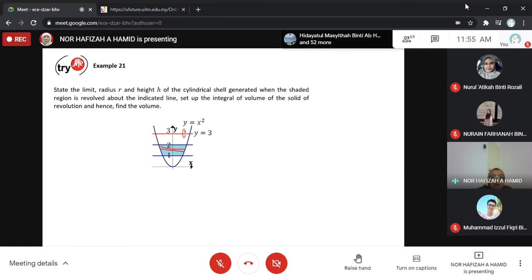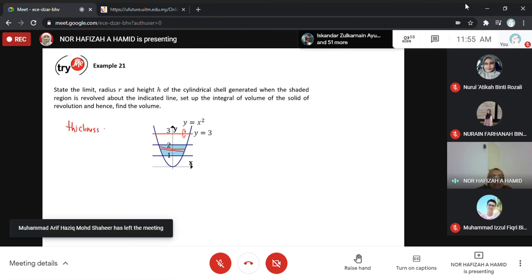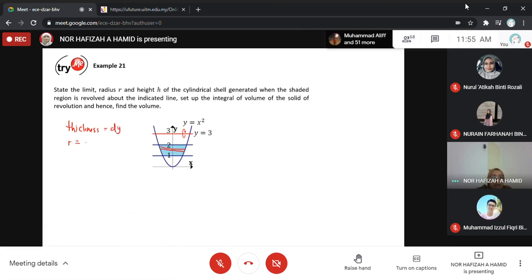So I draw a horizontal strip and the thickness is equal to dy. And we need to determine what the r is. The upper is 3, 3 minus y, where the bottom I assume is y. So 3 minus y. And to find h, h is equal to right minus left.